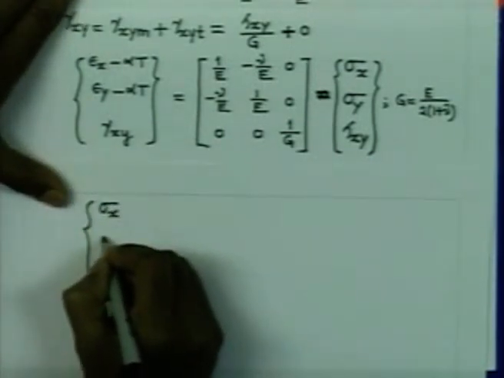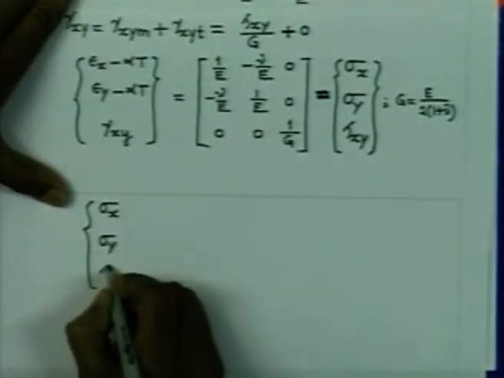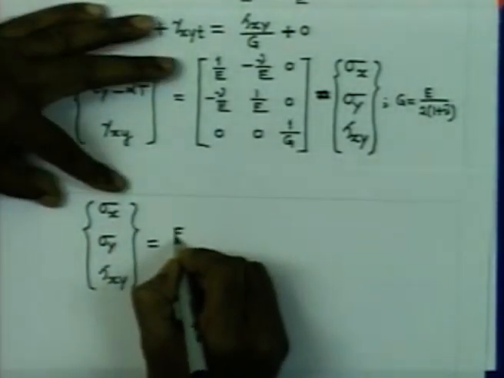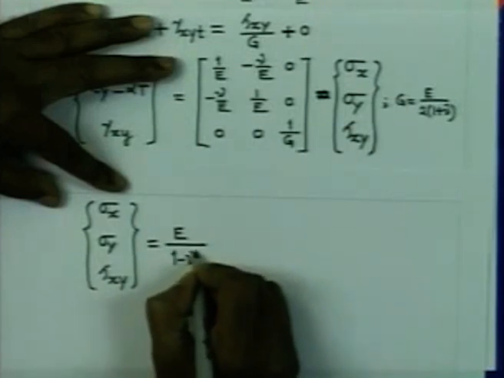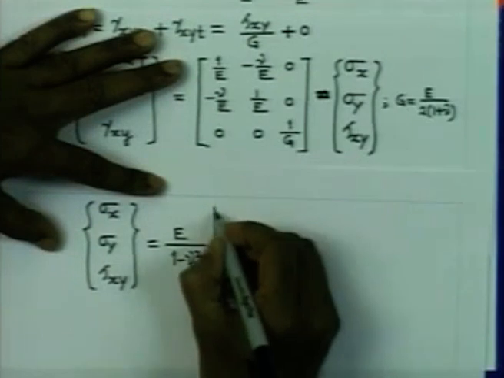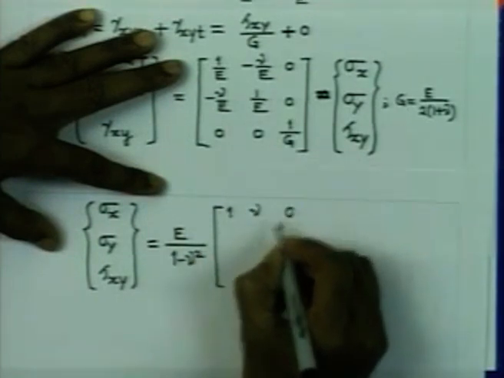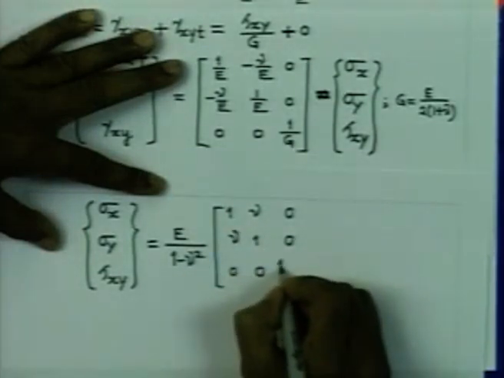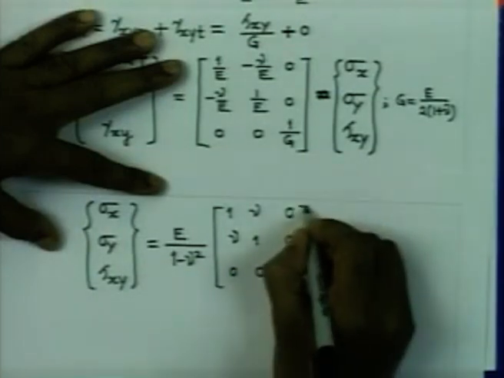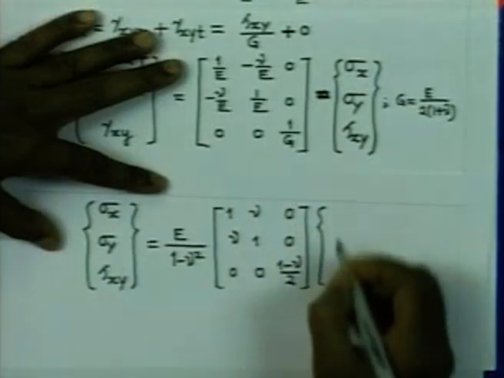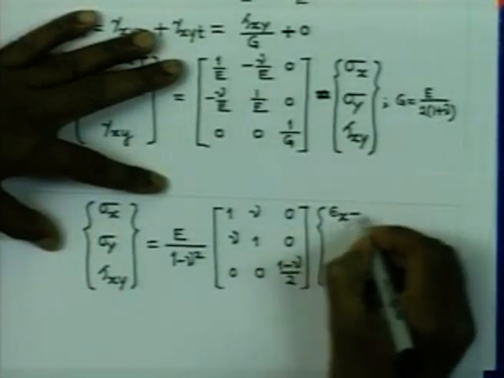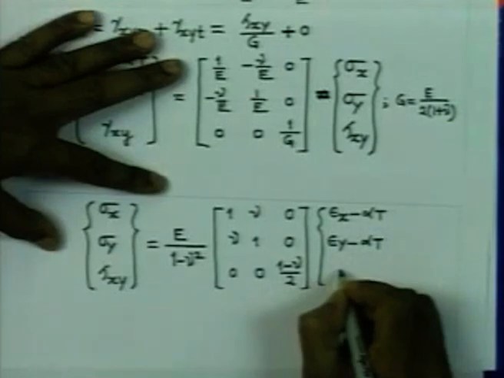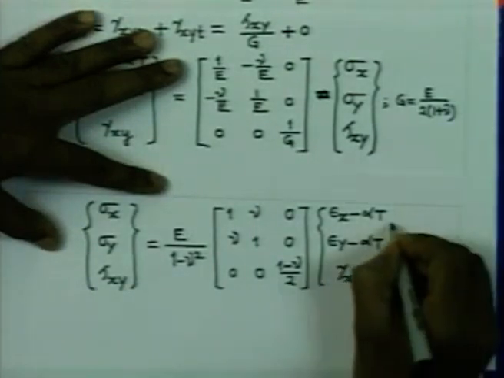Sigma x, sigma y is equal to E by 1 minus nu square times the matrix 1, nu, 0; nu, 1, 0; 0, 0, 1 minus nu by 2, multiplied by epsilon x minus alpha T, epsilon y minus alpha T, and then the last term is gamma xy.